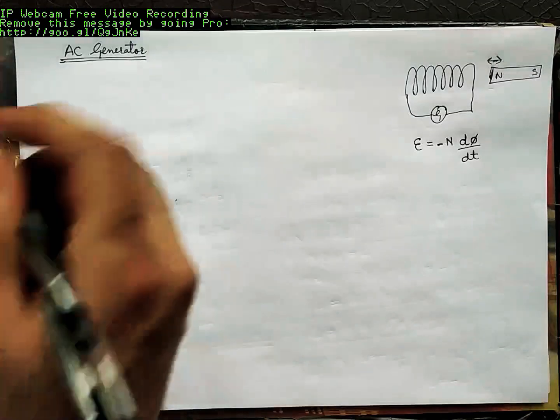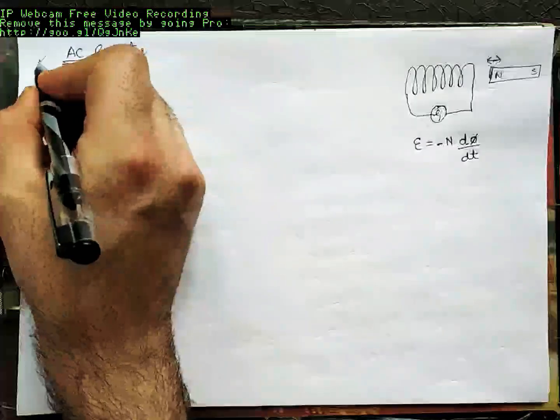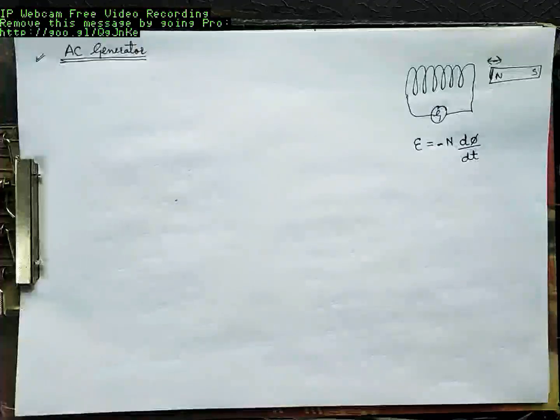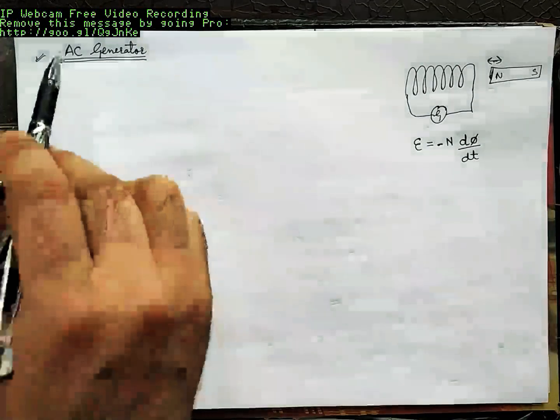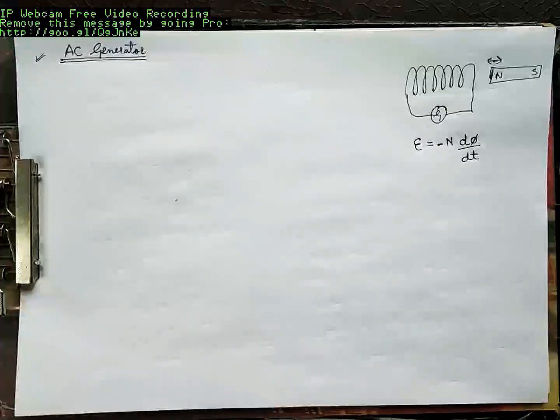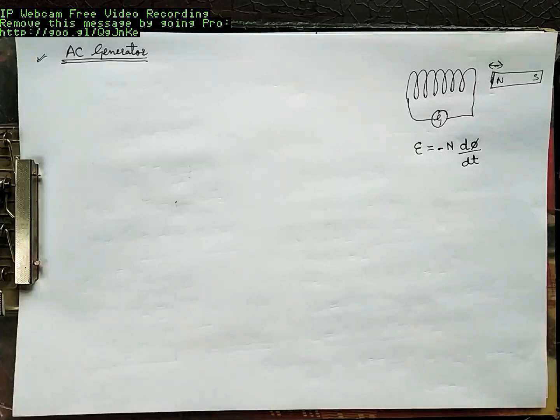These machines are known as AC machines or AC generators. AC means alternating current. I'll come to this a little later. What does alternating current mean over here? In this lecture, we are going to study the construction, the principle of working, and details of this AC generator.